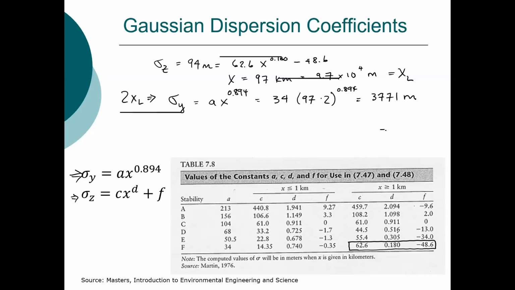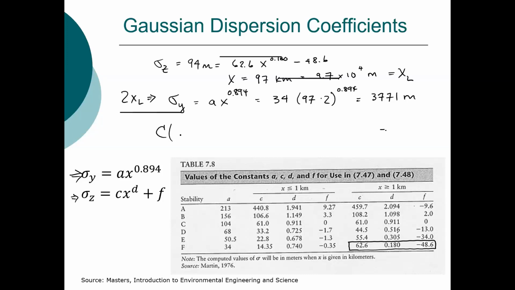The smaller that dispersion coefficient, think of it as the sharper the curve, the more concentrated your pollutant is. So the more dispersed it is, the greater the population you're affecting under these conditions. And that's why these stable conditions are so hazardous, because concentrations may be slightly lower, but they're affecting a very large population.